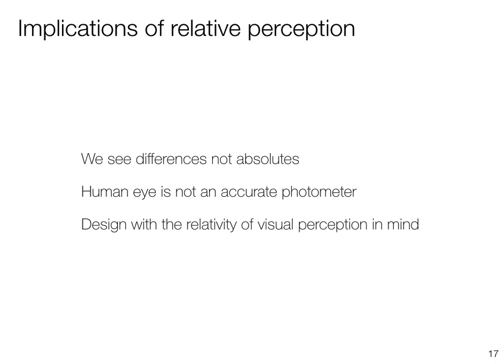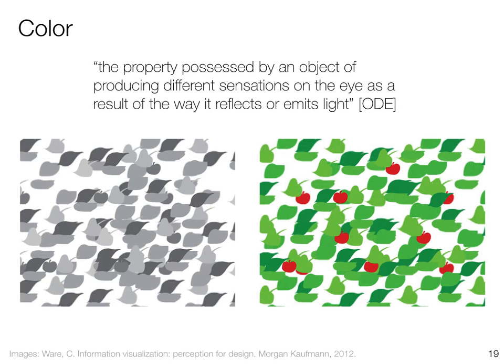Now let's take a closer look at color. Let's get to what we have already talked about with regards to the photoreceptors. Color can be defined as the property possessed by an object of producing different sensations on the eye as a result of the way it reflects or emits light. This is the first definition of color in the dictionary.